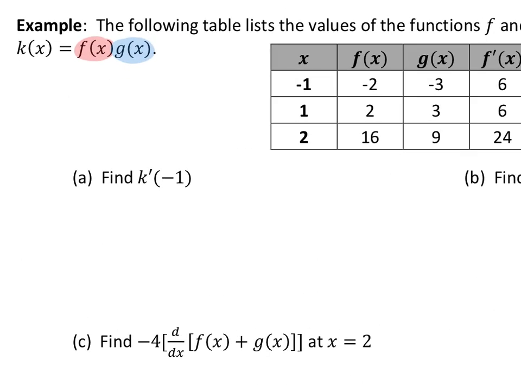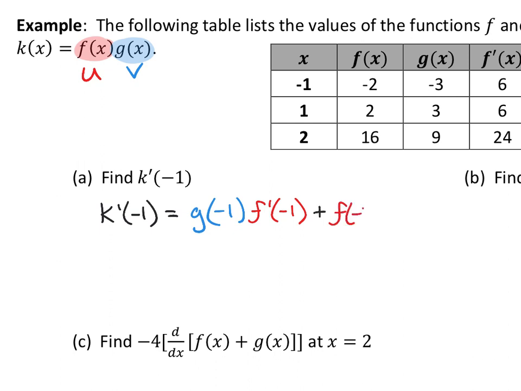To make this easier on us, I'm going to go ahead and write the letters u and v underneath these two things so we know what we're looking for. k prime of negative 1 means that we are looking for v, which is g at negative 1, times u prime, which is f prime of negative 1, plus u times v prime.